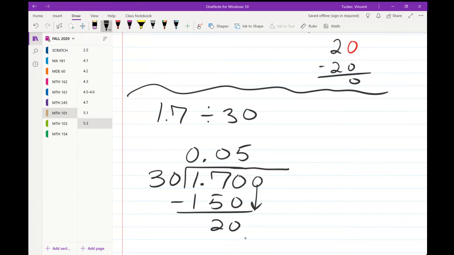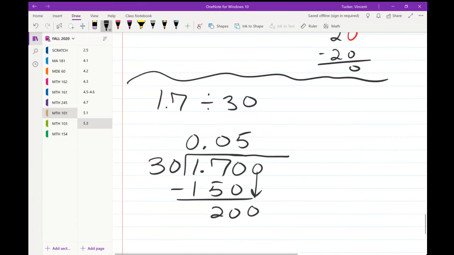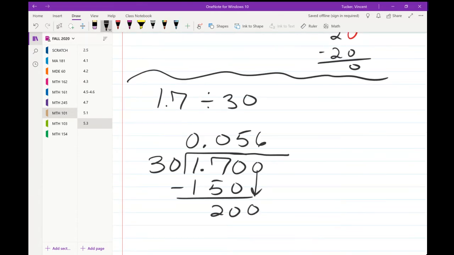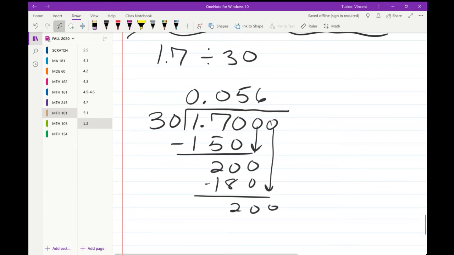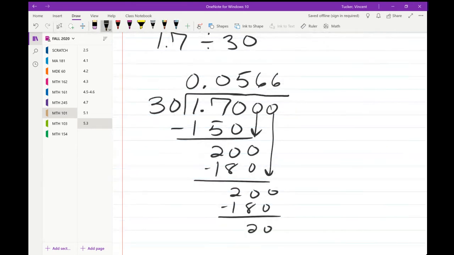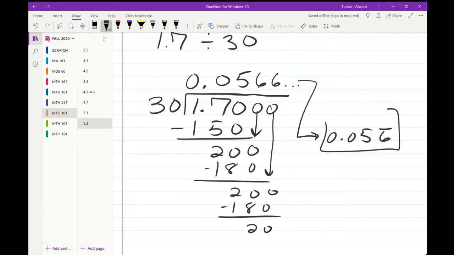Add a 0. 30 goes into 200 6 times. 6 times 30 is 180. I get 20. Add a 0. I get 200 again. And so what we recognize now is that we're going to get this repeated value of 6. So we can represent that as 0.056 with the bar over the 6.